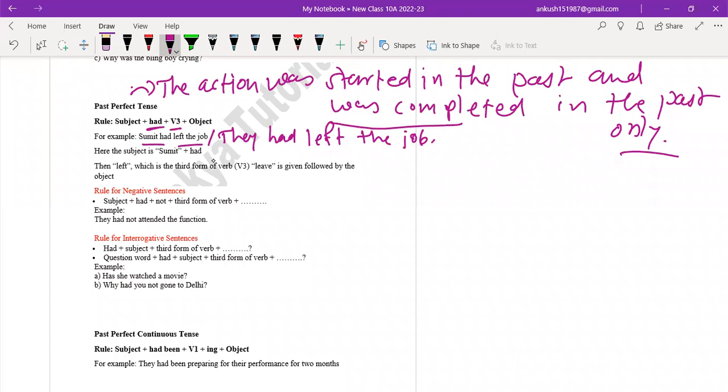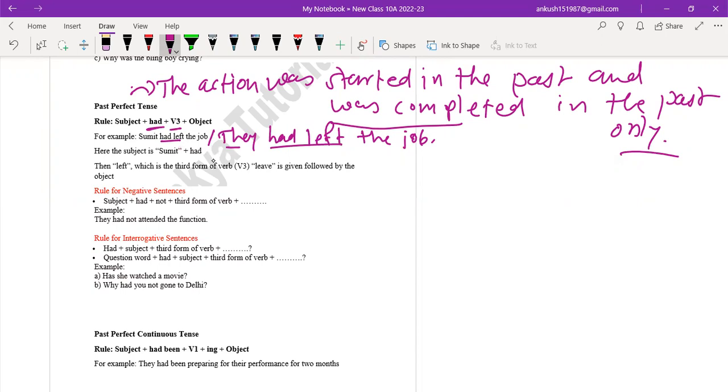See, there is no difference. It is singular, it is plural, but still it did not change. Is it changed? No. Had and third form of the main verb is not changed. Understood? Yes, sir.